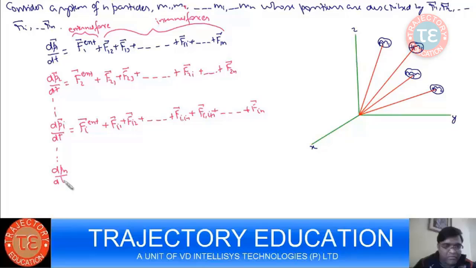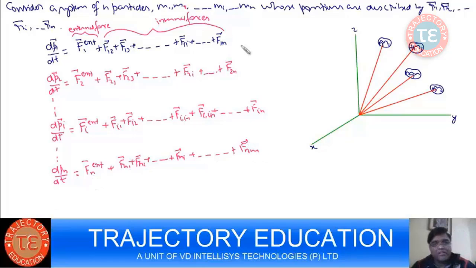Similarly, dPn by dt is FnExt plus Fn1, Fn2, Fni, Fn,n-1. So these are the equations, applying Newton's second law on all these particles.